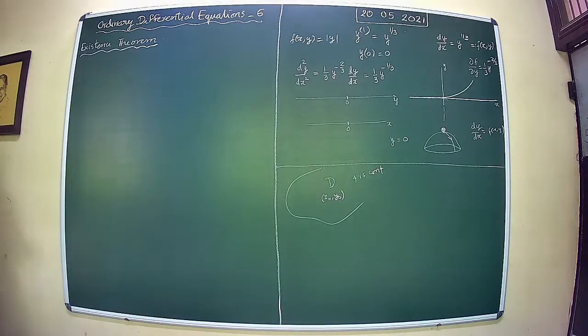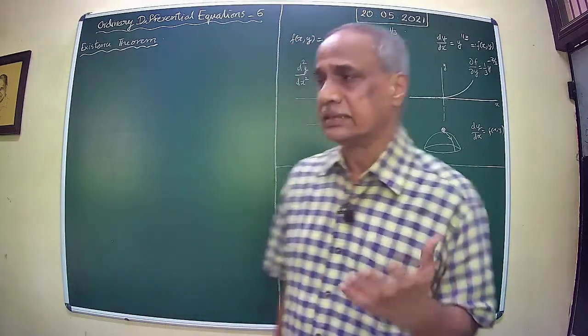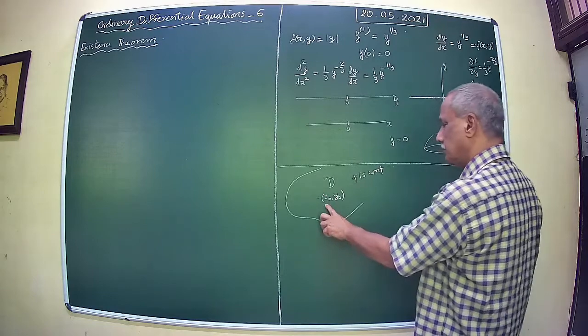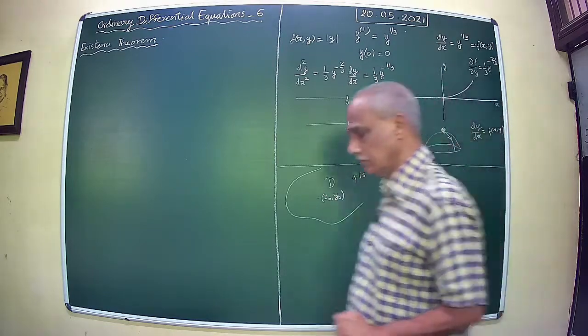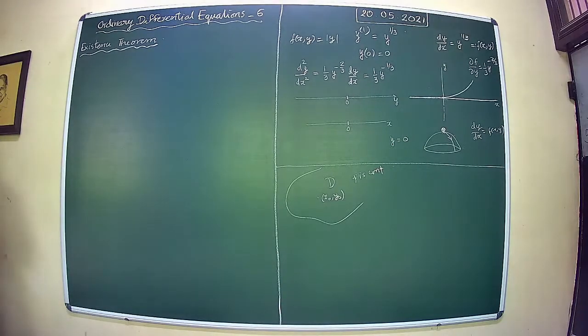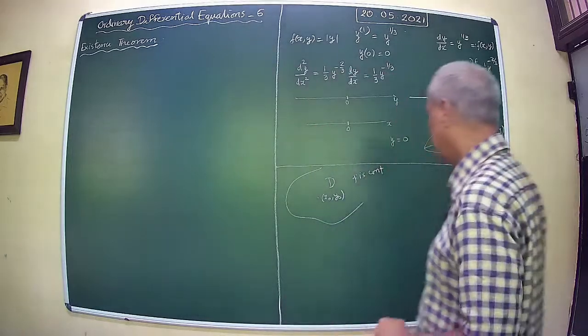What do we mean by that? What we mean is this: in a neighborhood of x0, a unique solution of the initial value problem exists. This is what we want to prove.